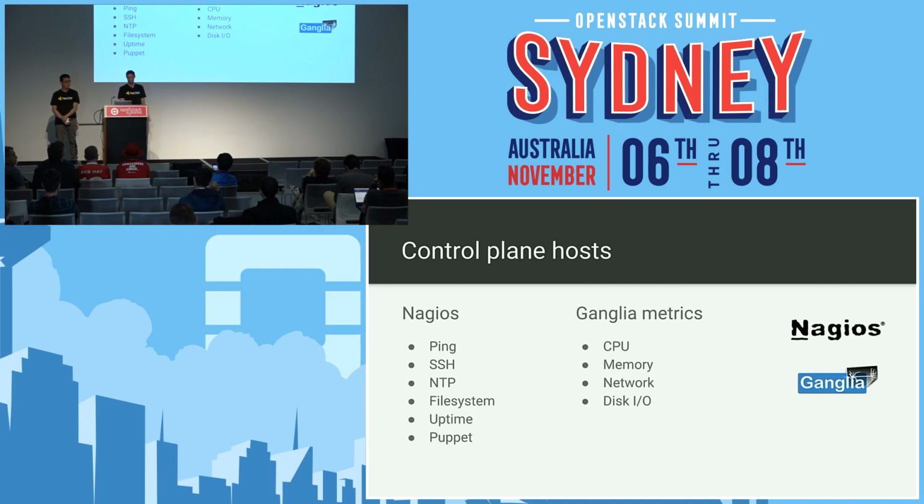We also use Ganglia. Ganglia it's useful for diagnosing issues. We can see CPU, memory, network, disk I/O, graphs, and we just use that for getting an idea.